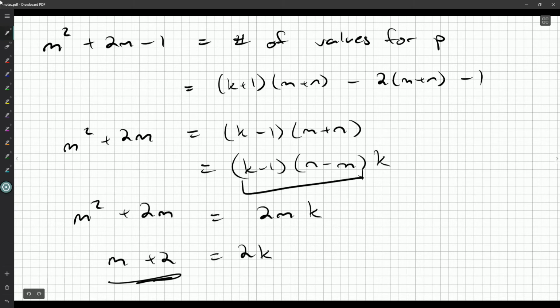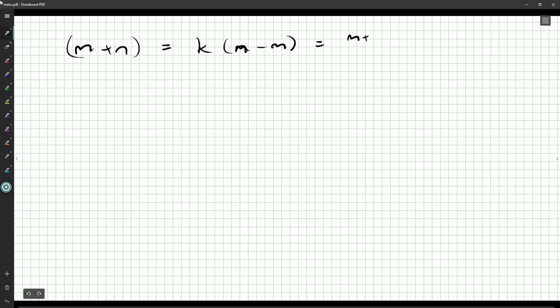So now we should get m plus n is equal to km, or n minus m, which is equal to m plus 2 over 2 times n minus m. So 2m plus 2n is equal to m plus 2.